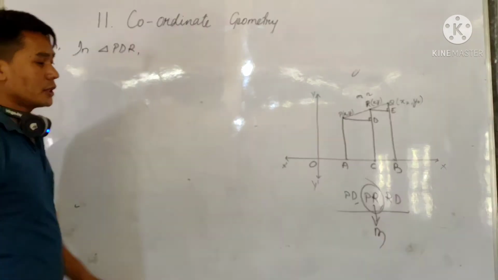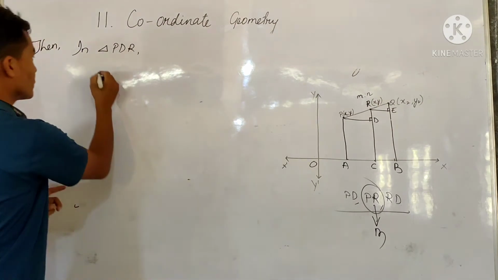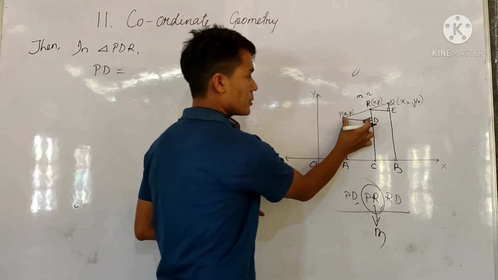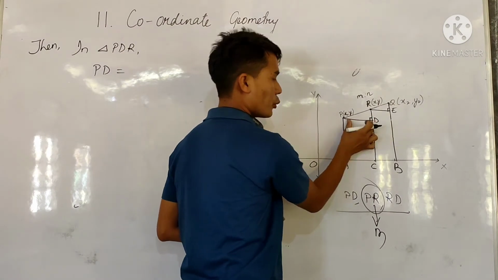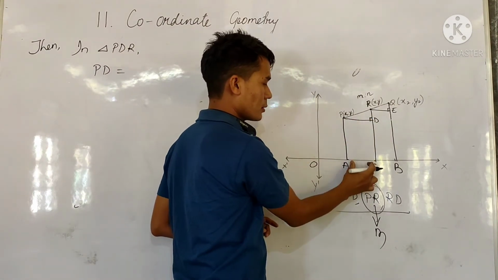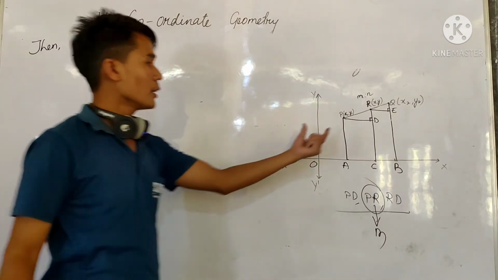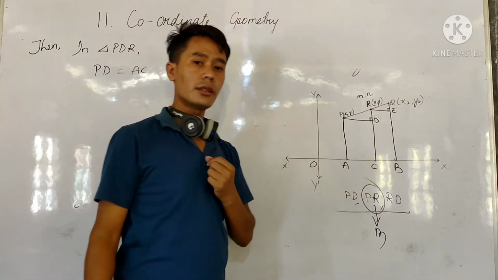So in triangle PDR, PD is equal to AC, since the lengths of PD and AC are equal.